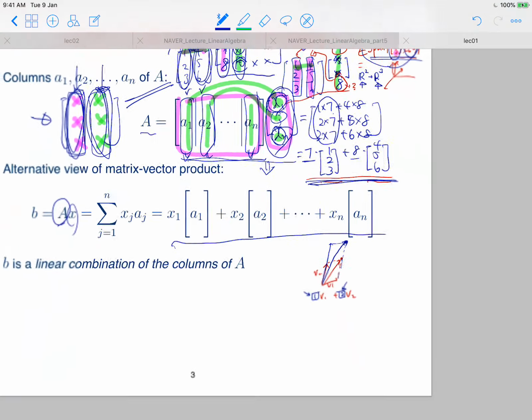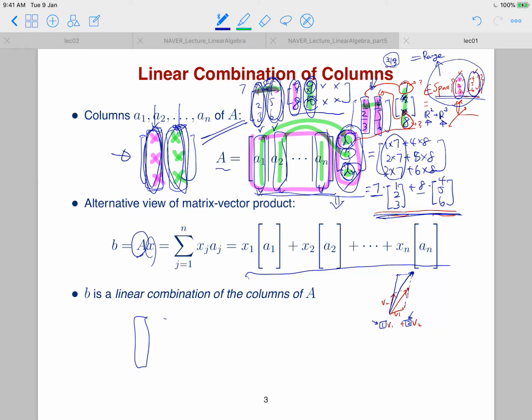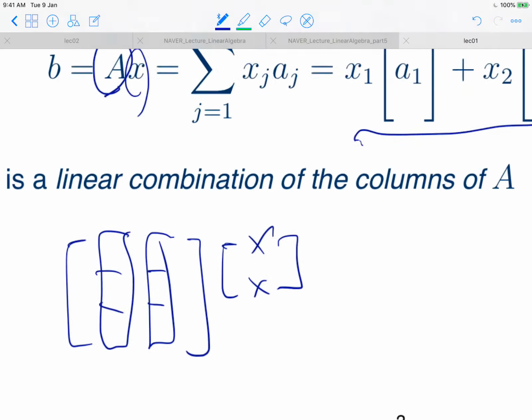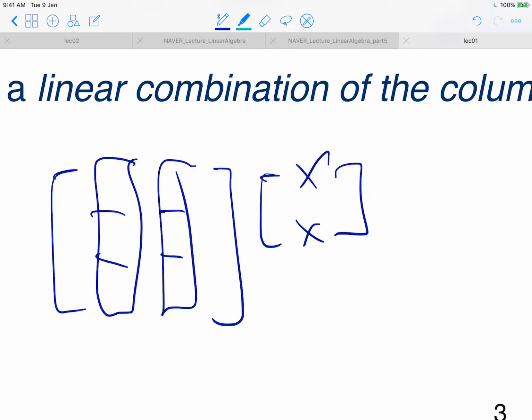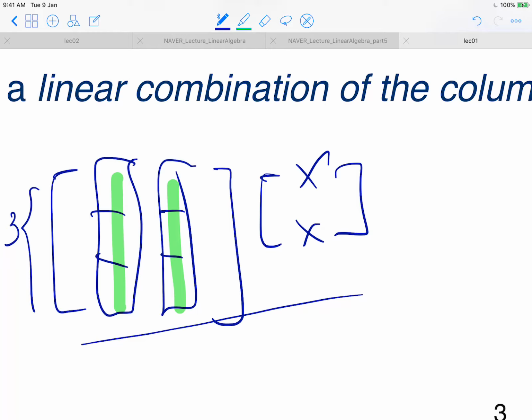So if we have 2 vectors in 3-dimensional space, all the possible linear combinations of these 2 vectors will be just a thin plane, and the resulting vector will always be inside that plane.